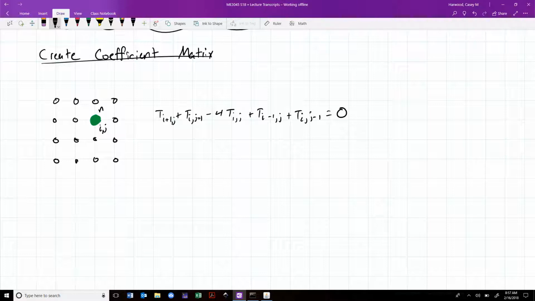So in general, without defining where this is, using our node location table we assembled before, we can define the n value of each of these temperatures, or of each of these indices.